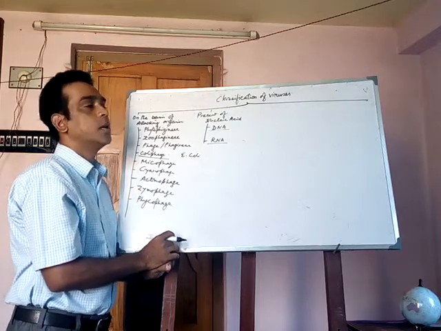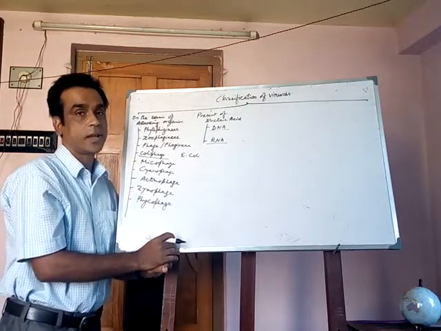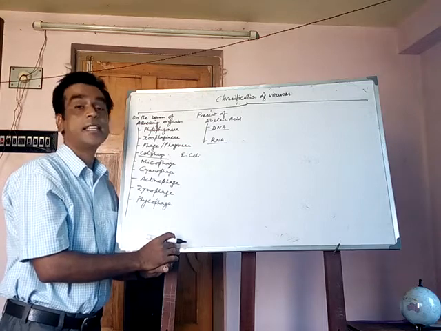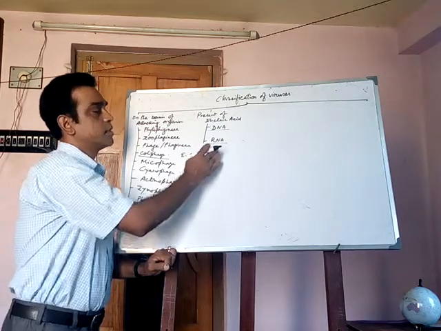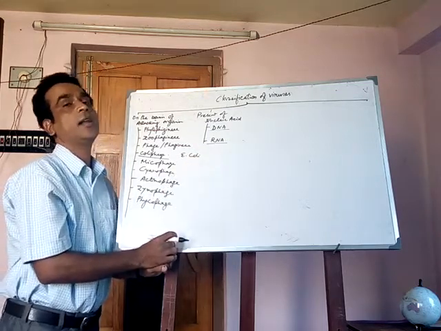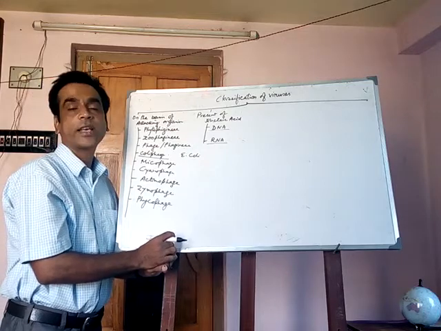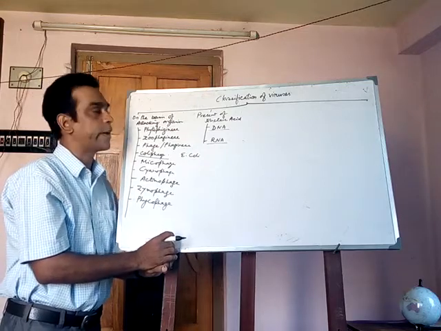But the exceptions are the influenza virus and the AIDS virus, HIV. They hold RNA as nucleic acid and are called retroviruses.